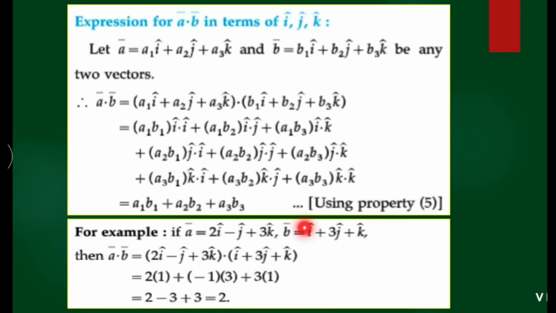Or by procedure we can multiply this and use the property for i dot i, j dot j, k dot k, we get 1, and for unlike vectors their dot product is 0. So using that you can calculate the scalar product of two vectors.